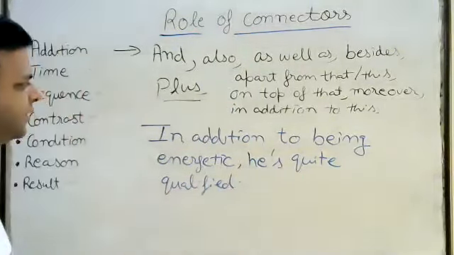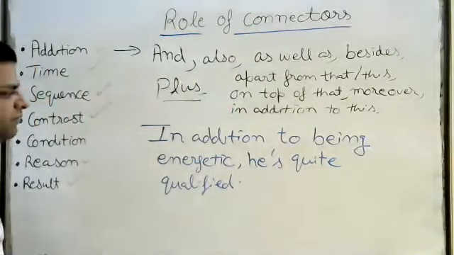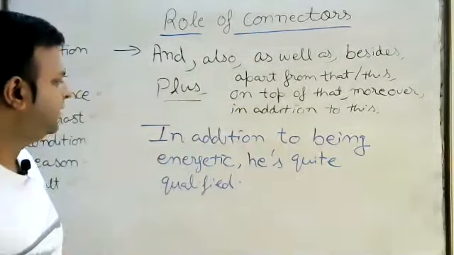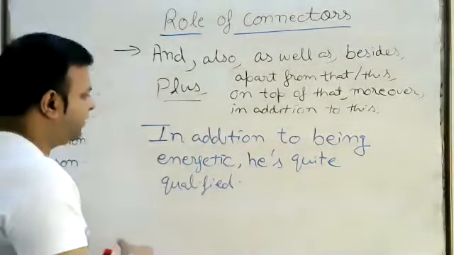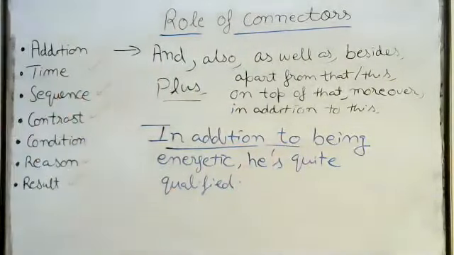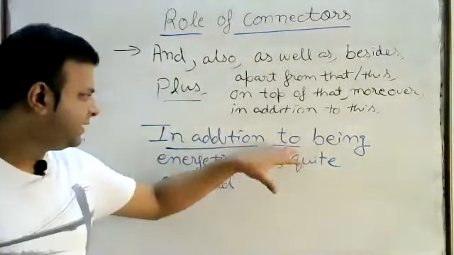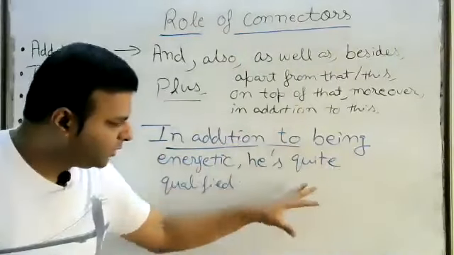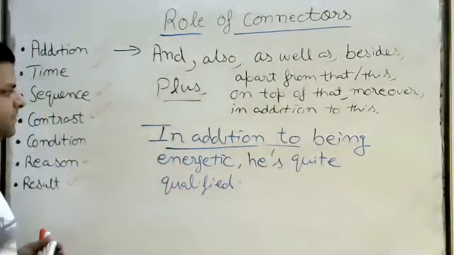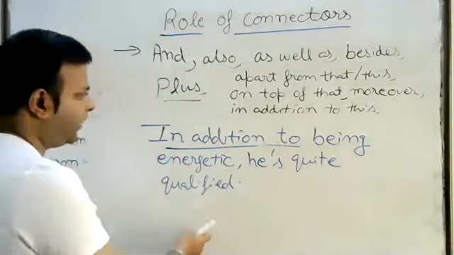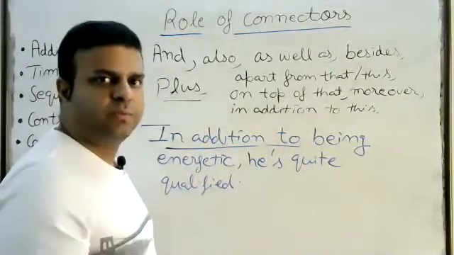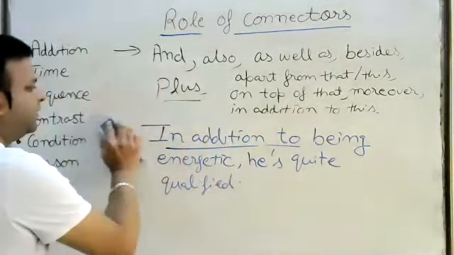So the same sentence. In addition to being energetic, he's quite qualified. Right. This is also one way we can speak. So I just used another connector here. In addition to, you can start the sentence with this connector in front, or you can put it in between as well. Right. So he's quite qualified in addition to being energetic. Right. That is also the other way we can write or speak.